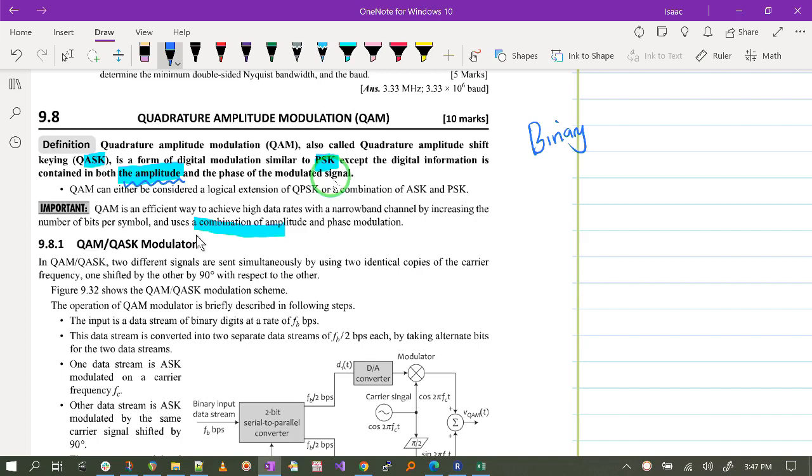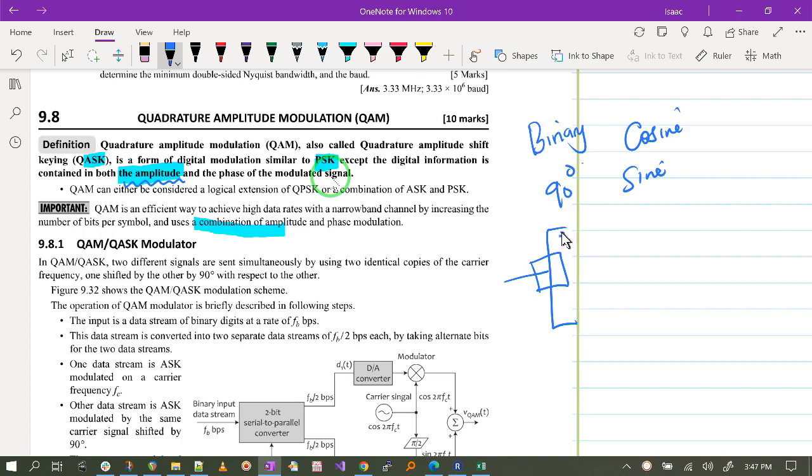But the carrier has two components, where one is 90 degrees out of phase with the other. So we will have a cosine carrier and a sine carrier, and we are going to separate the binary data stream using a serial to parallel converter.